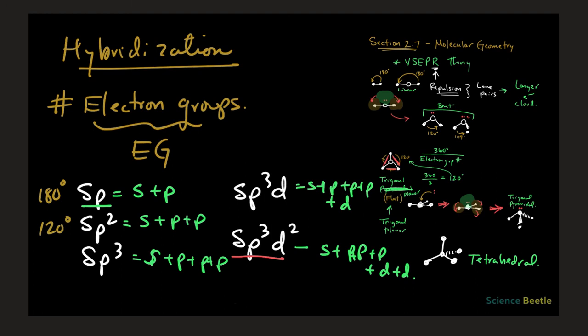SP3 is going to give you an angle that's a little bit closer to about 105, 109. With the SP3D, you're going to get 90 degree angles, but you're going to get those at the angles in the center relative to the atoms that are radiating out from the center, but also when you look at the outer atoms on that center plane, the 90 degrees is going to be relative to that.